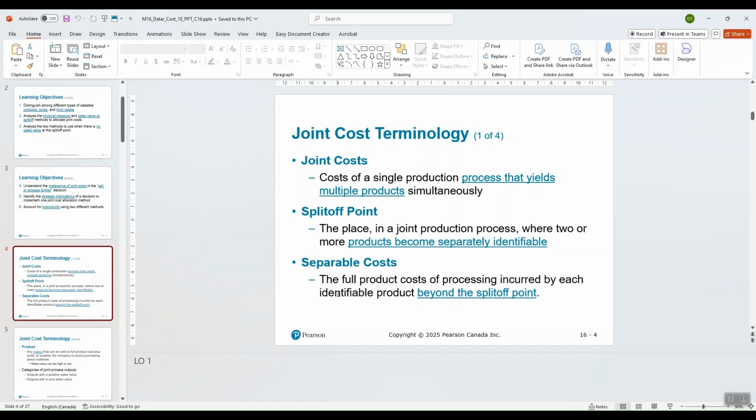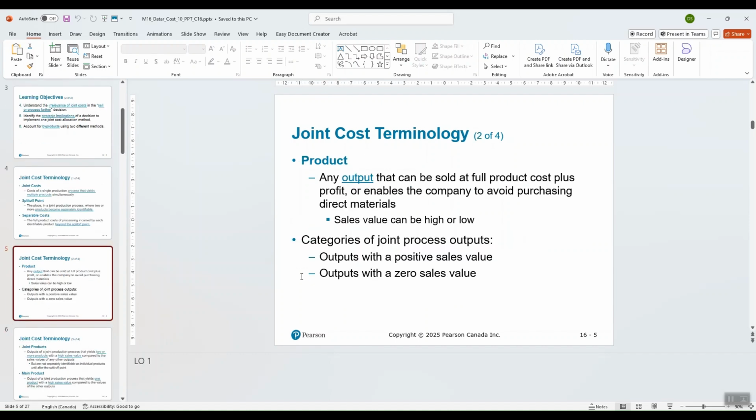Those are the products done after you have produced certain products, and any money you spend on those products after the milk is processed is considered a separable cost. So any money that you spend on the product specifically after the split-off point is considered a separable cost.